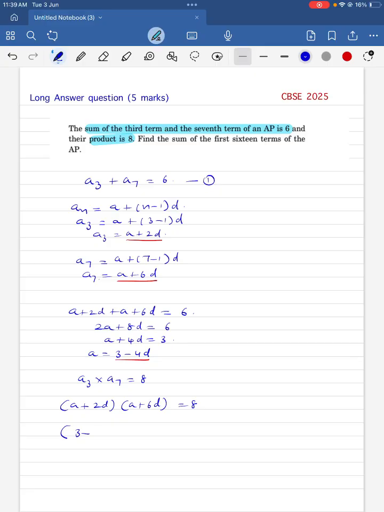So (3 minus 4d plus 2d) times (3 minus 4d plus 6d) is equal to 8. That is (3 minus 2d) times (3 plus 2d) is equal to 8, or 9 minus 4d squared is equal to 8. Or the value of 4d squared is 9 minus 8, which is 1.